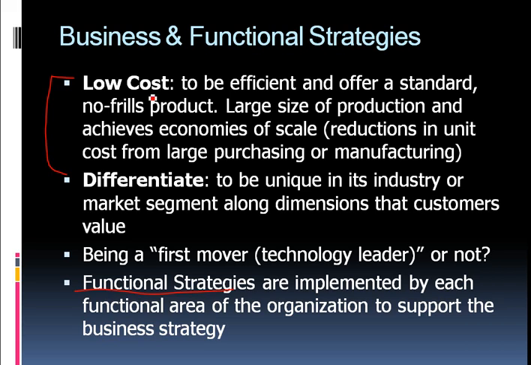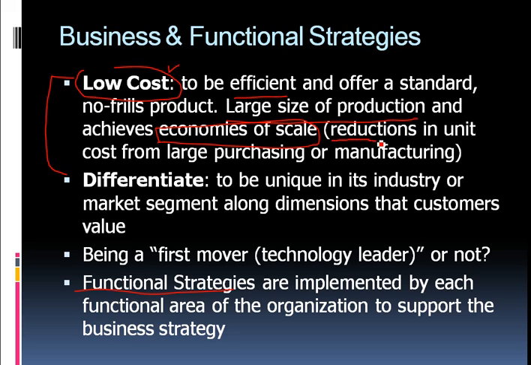Okay, so low cost is about efficiency, and you offer your product at a very low cost, so that many people can afford to buy your product. So this kind of strategy is appropriate when your production size is big, and you are pursuing the economies of scale.